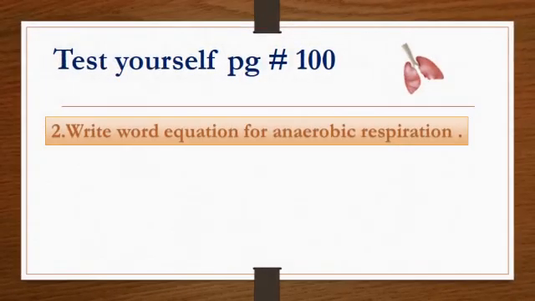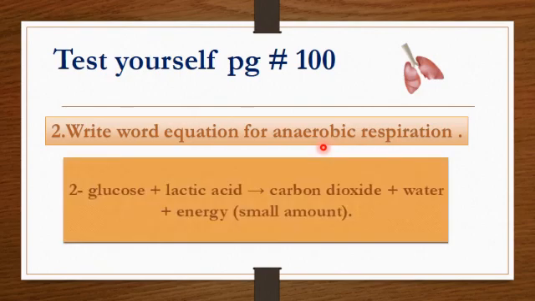We are provided with question number 2 in Test Yourself, page number 100. That is, write a word equation for anaerobic respiration. From this video lesson and from your book, you can easily write the word equation, that is glucose changes to lactic acid without oxygen, and if we use oxygen, then glucose is changed into carbon dioxide and water and a small amount of energy.